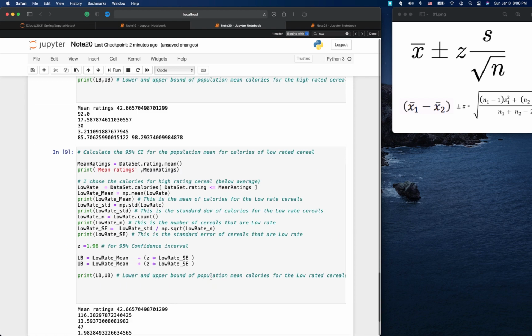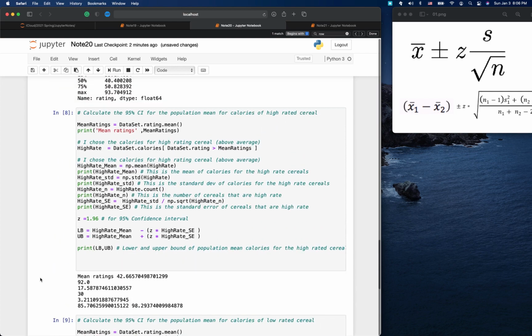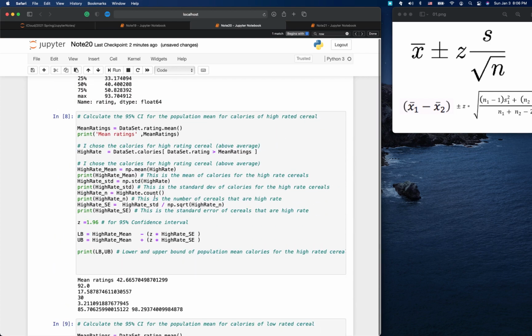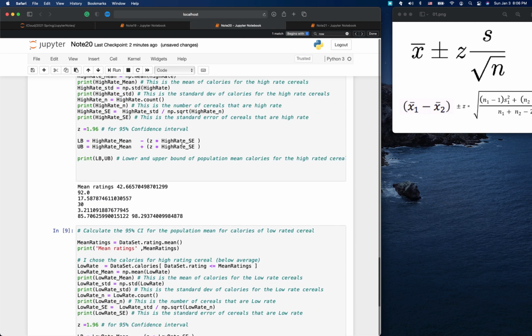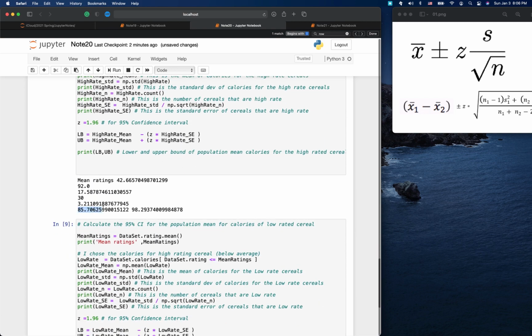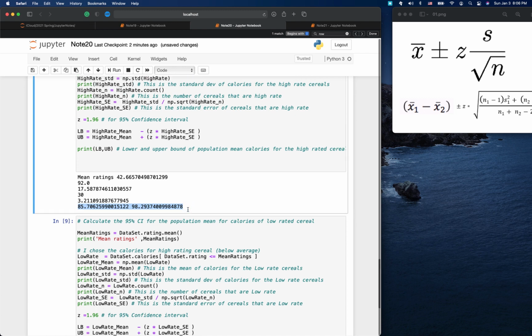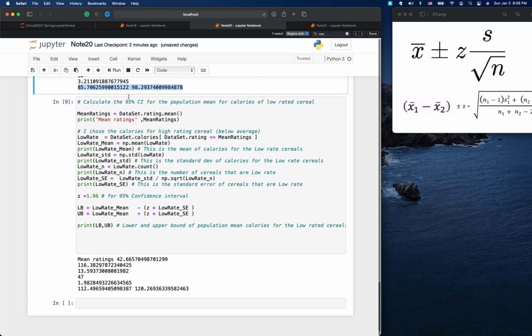Okay, so I have the confidence interval for the mean of calorie for all the high rated cereal, and the confidence interval was this much calorie to this much. And then I have the confidence interval for the mean of calorie for all the low rated cereal.